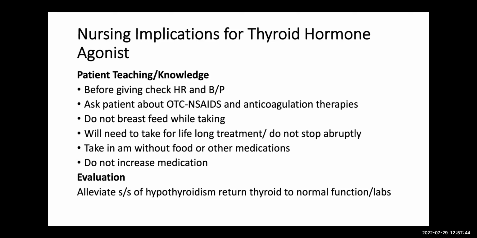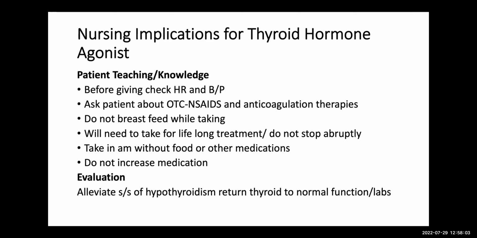Because that's what it's doing. That's the med that it is. It's supplementing and giving more hormones. So if the heart rate's already at 100, then they're getting too much of this medicine. And you would not want to give any more of this medicine if that's the case. Does that make sense?